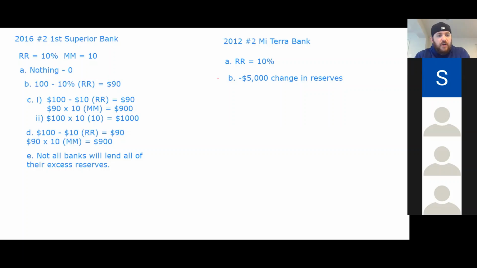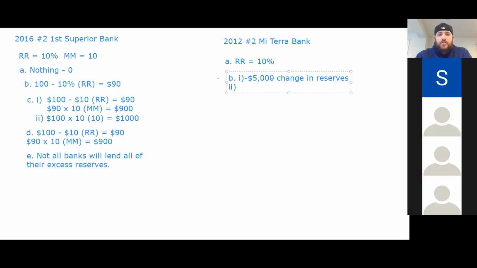This is B2. So that was B1. B2 is asking, what is the initial effect of the withdrawal on the M1 measure of the money supply?